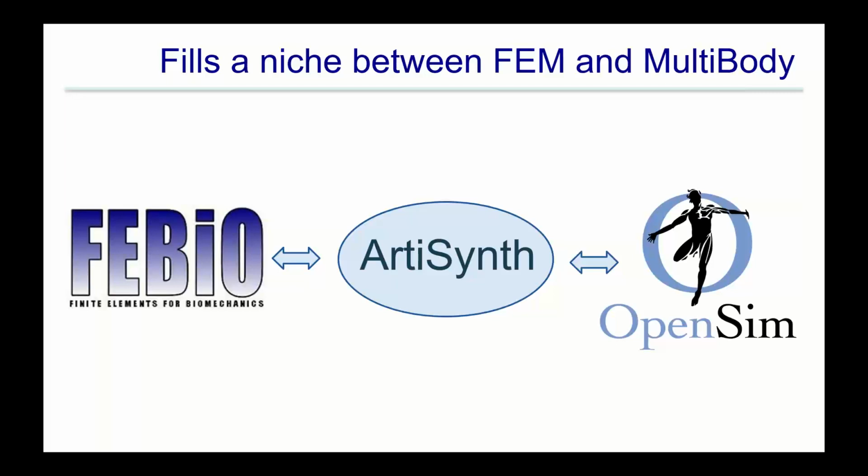So if you have a model you want to create that's essentially a multi-body model, but it has some parts of it that involve deformable bodies or structures where you want to examine stress-strain relationships, then ArtiSynth may be something you could consider.